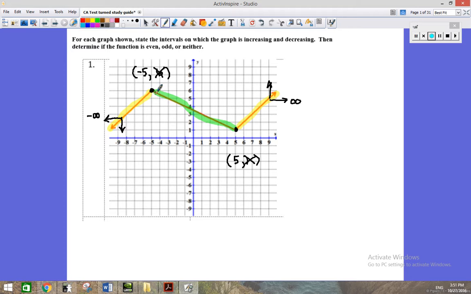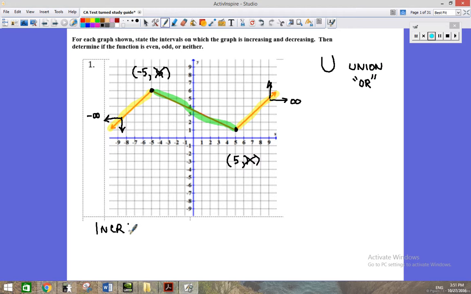It's asking me first for where the function is increasing, and that's where I've highlighted in yellow. Since we have two different intervals here, we're going to need the union, and we just use the U, which means the union of two sets. When reading it, we can read it as the word or.